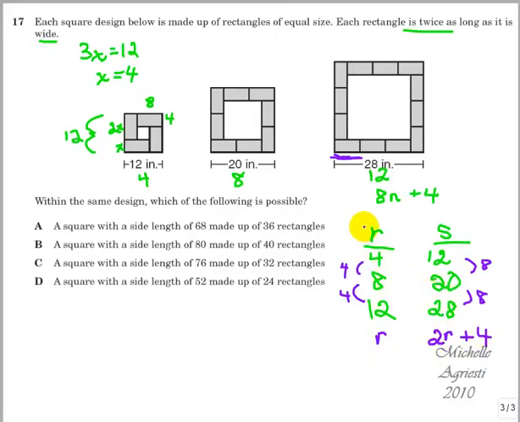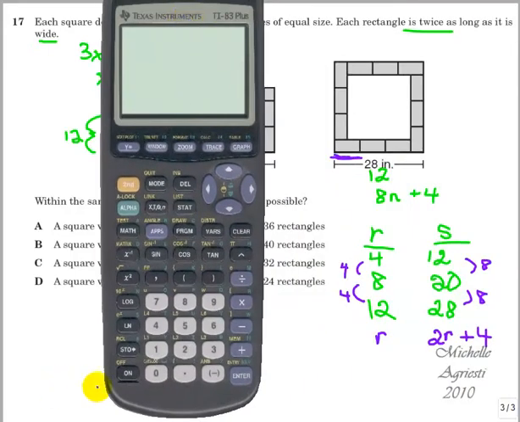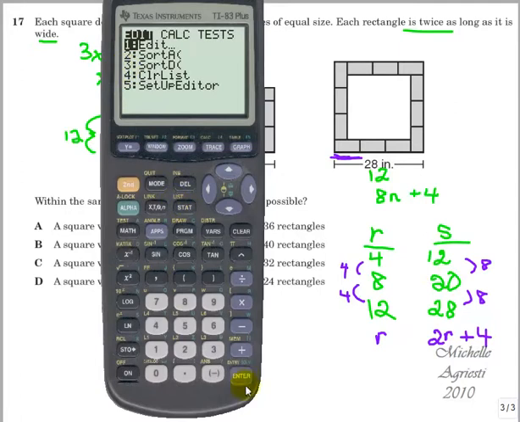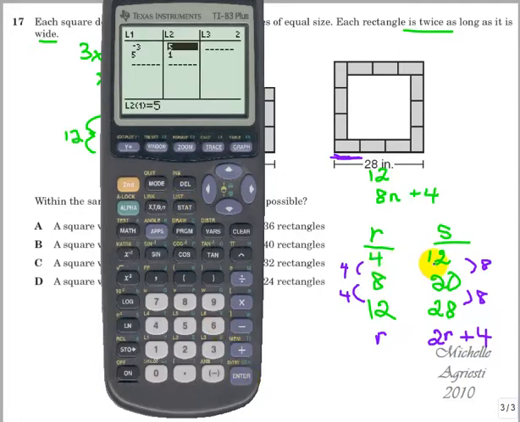Now I can also use the calculator to run a linear regression. Let me just show you that. We go to the list, we'll edit it, and we'll put in this data. So my R's are 4, 8, and 12.